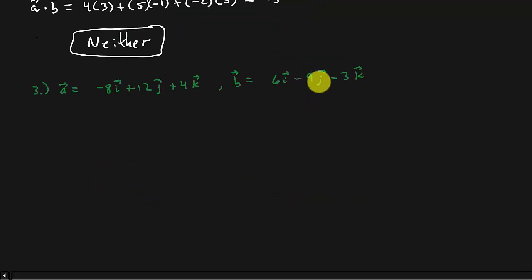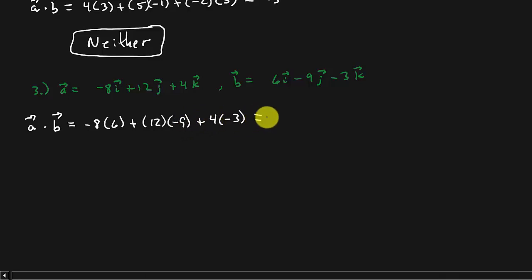All right, now let's look at this third one. So real quick, we'll check the dot product, which is not going to be 0. I already know the answer. So that's going to be negative 8 times 6 plus 12 times negative 9 plus 4 times negative 3.